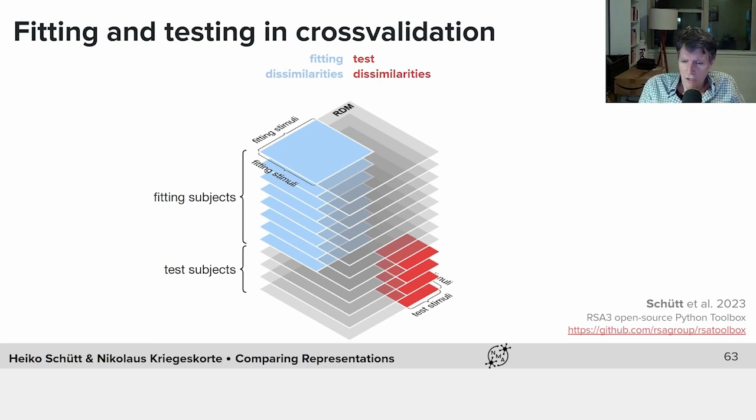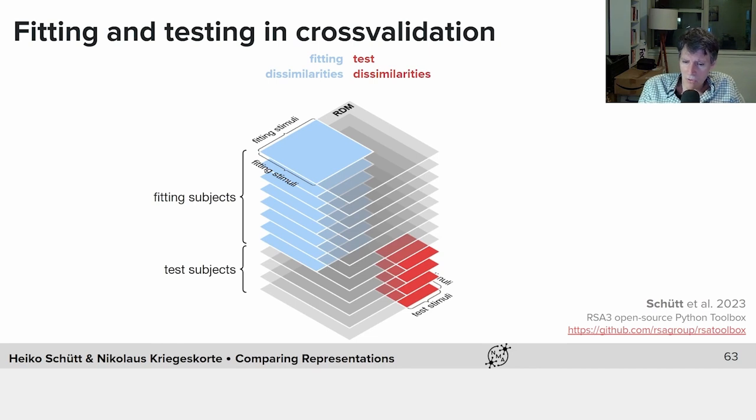Then our models are ready for predictions, and they make predictions for the test subjects' RDM for the test stimuli. So the models must generalize simultaneously across subjects and across stimuli, which is a hard generalization challenge. And we can do this in cross-validation to get unbiased estimates of model performance.